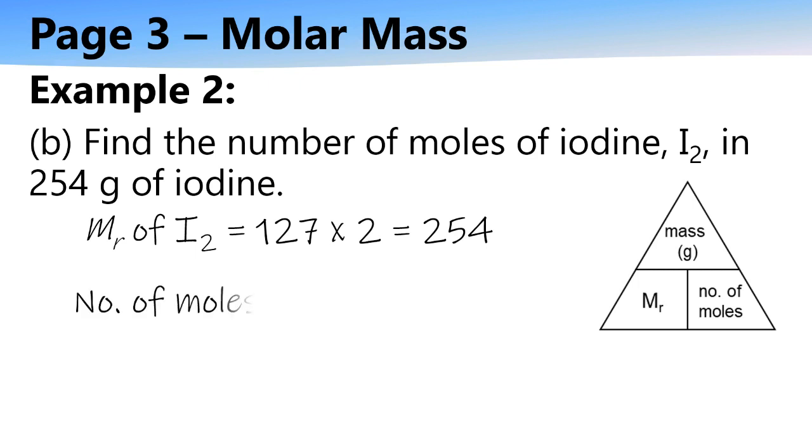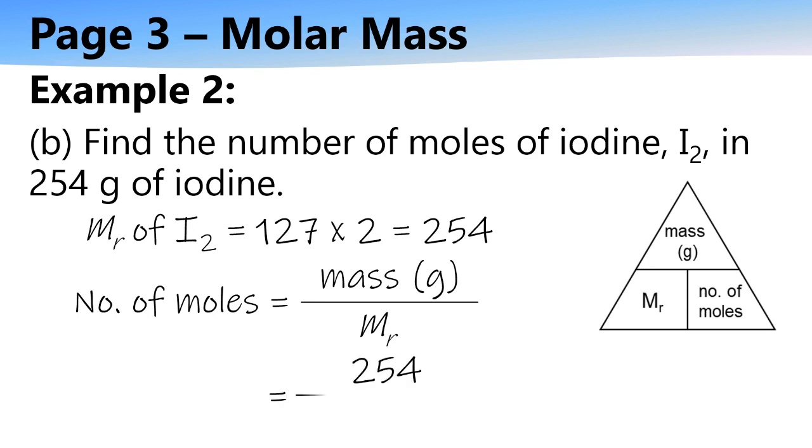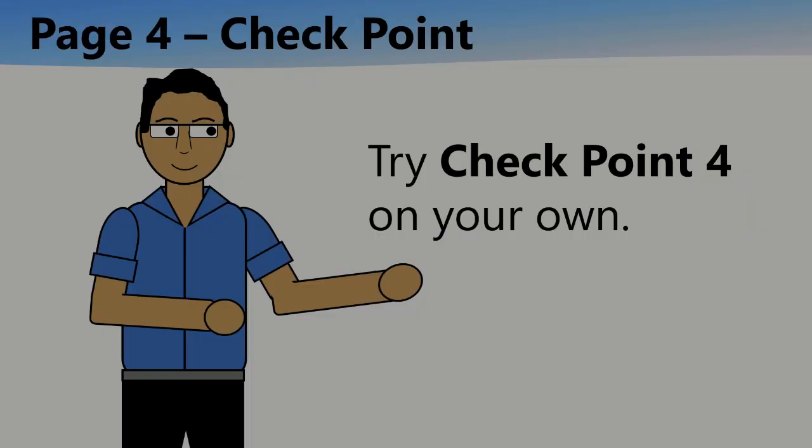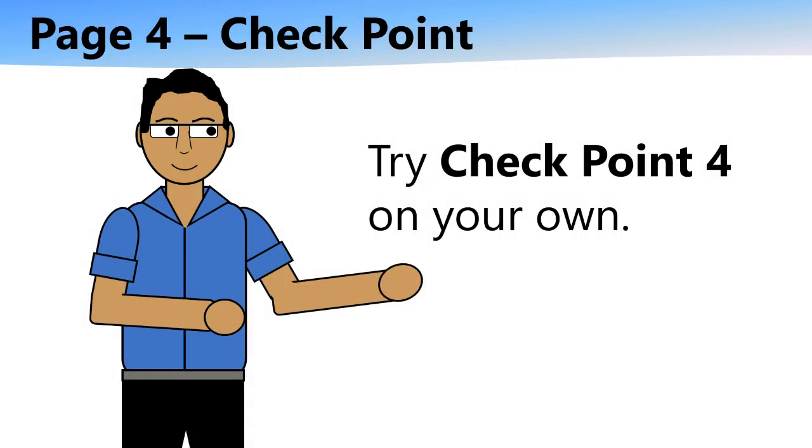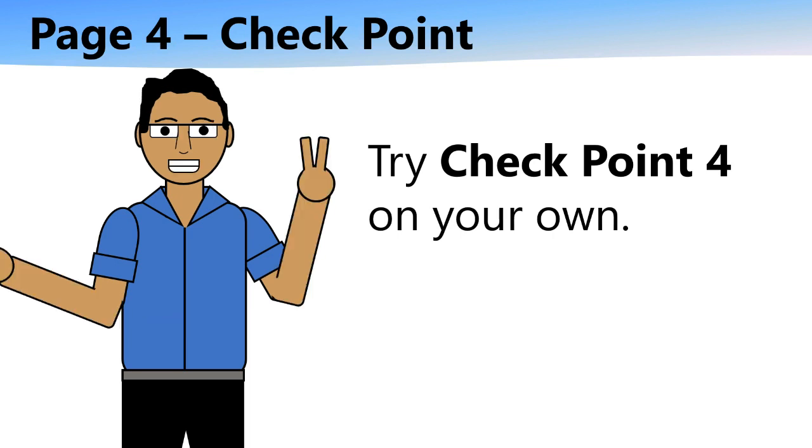Therefore, the number of moles would be the mass in grams over the MR, and that will be 254 over 254, which gives us 1 mole. Okay, try checkpoint 4 on your own, and I'll see you in part 2 of this lesson.